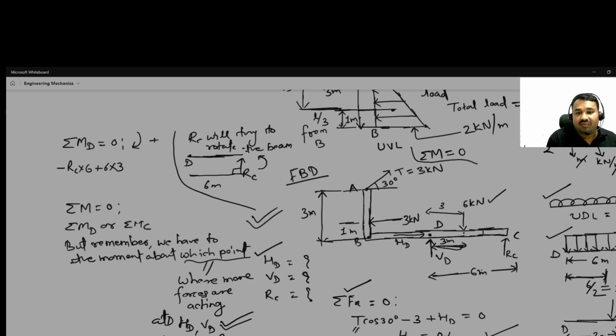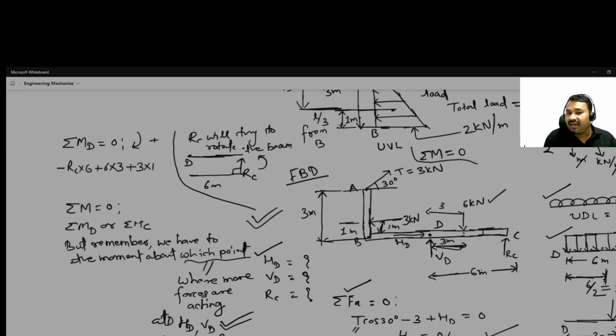Okay, what about this 3 kilonewton? So the distance from D to this one will be 1 meter, and it will try to rotate clockwise. So 3 multiplied by 1.